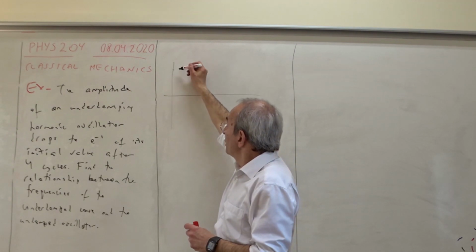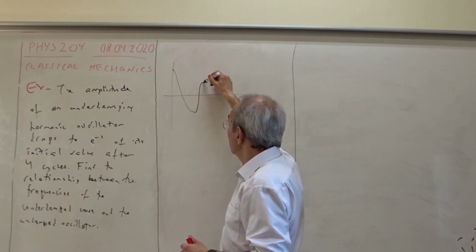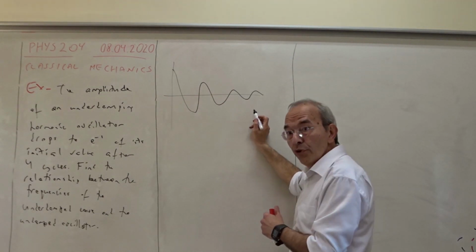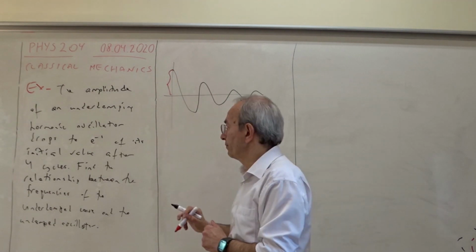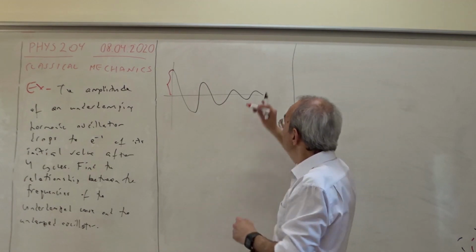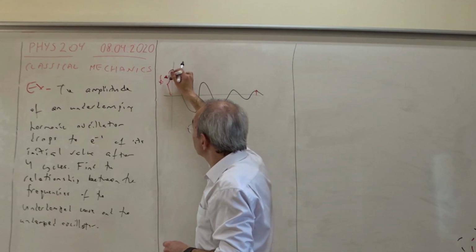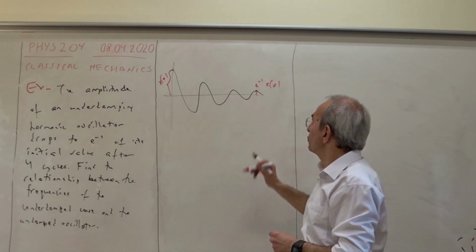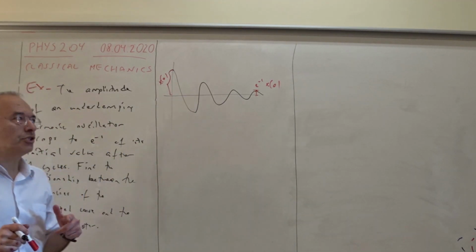Remember that it begins from a certain amplitude, makes a cycle, another cycle, another cycle, etc. After 4 cycles, it drops from the initial amplitude, x of 0, to e to the minus 1 times x of 0.